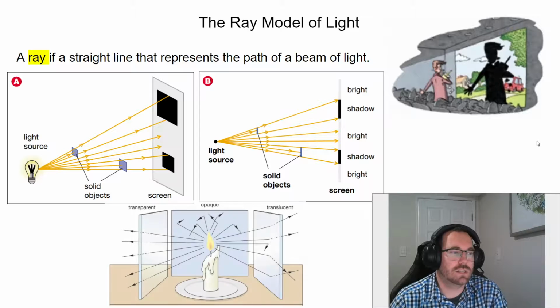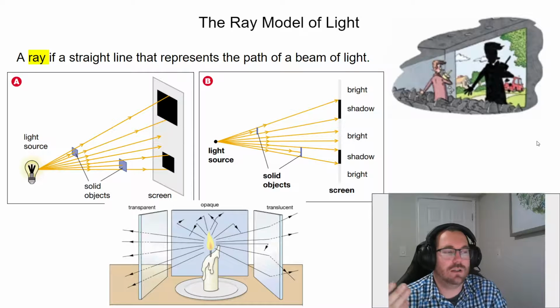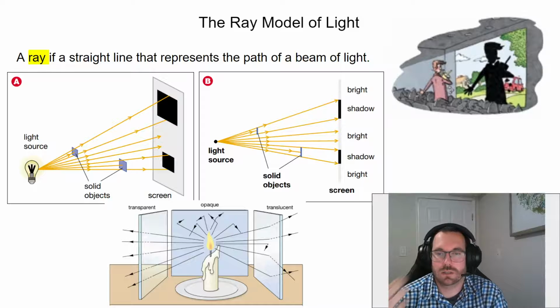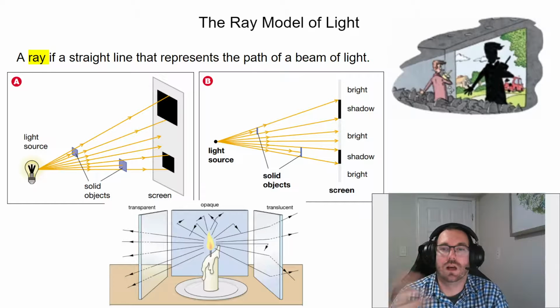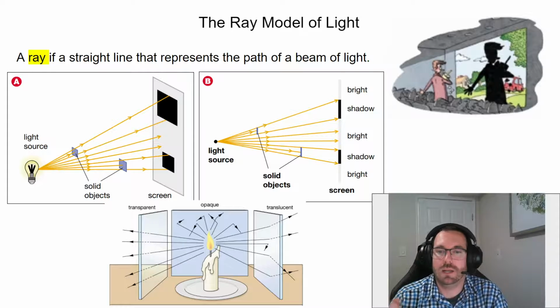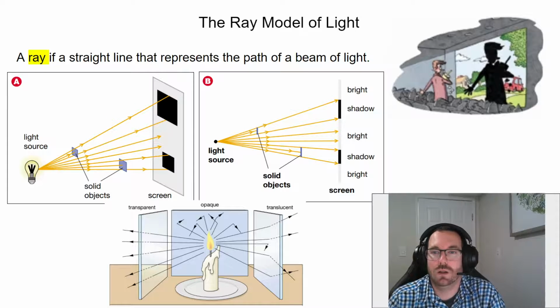The ray model can also help us understand what happens when light energy reaches different types of materials. So here, for example, we have another ray diagram, but now we have three different types of materials. We're going to get into this a lot more as we go further on, but as light travels through different types of materials, it reacts differently. So for example, when light passes through clear substances, like a window, the ray continues along the straight path.